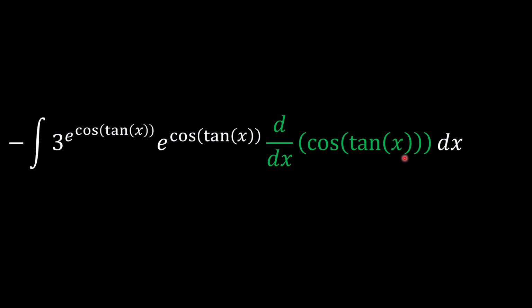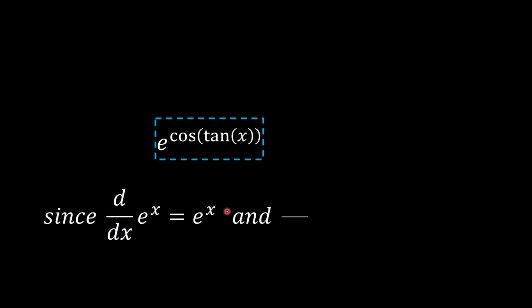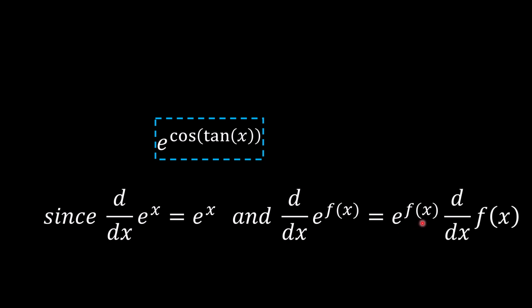Now, let's focus on the e to the power cosine of tangent of x. Since the derivative of e to the power x is the same as e to the power x, the derivative of e to the power of a function f(x) is the same as e to the power f(x) times the derivative of f(x).